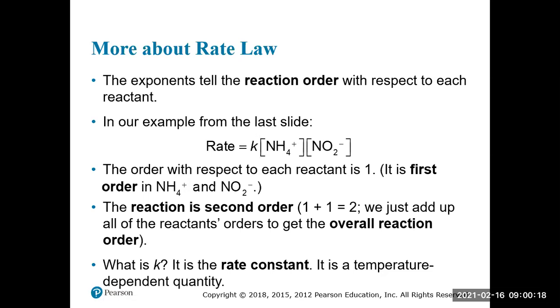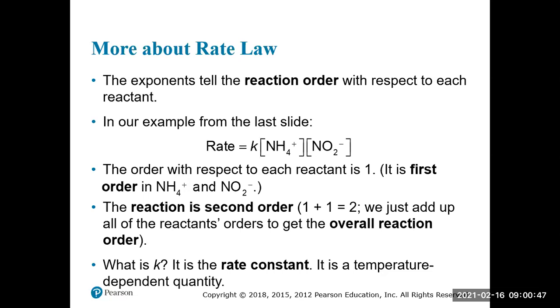Sometimes that's not the case. If the NH4 plus or the NO2 minus didn't change the reaction rate when we varied the concentration, then it wouldn't show up in this rate equation. And so sometimes you get things that are reaction order of 1 for the whole reaction, not just 2 or above.